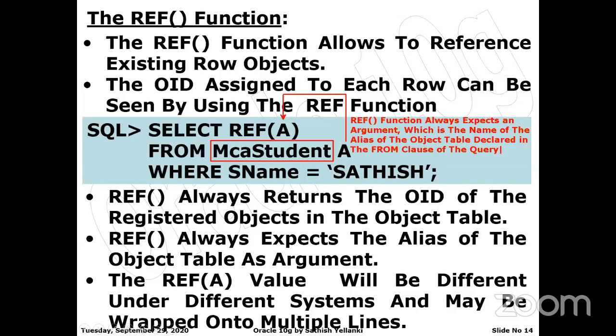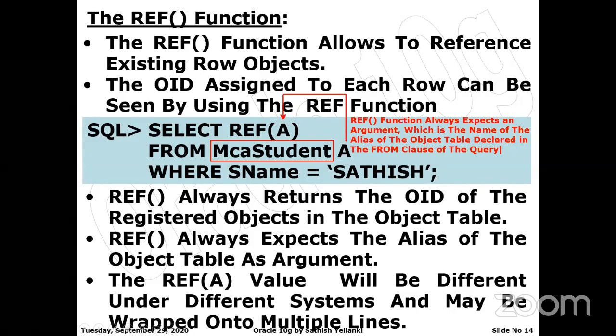Okay, that's what you need to fundamentally understand. Don't forget that. Now, your ref always returns you the object IDs. So it returns object IDs of only the records stored in the object tables.